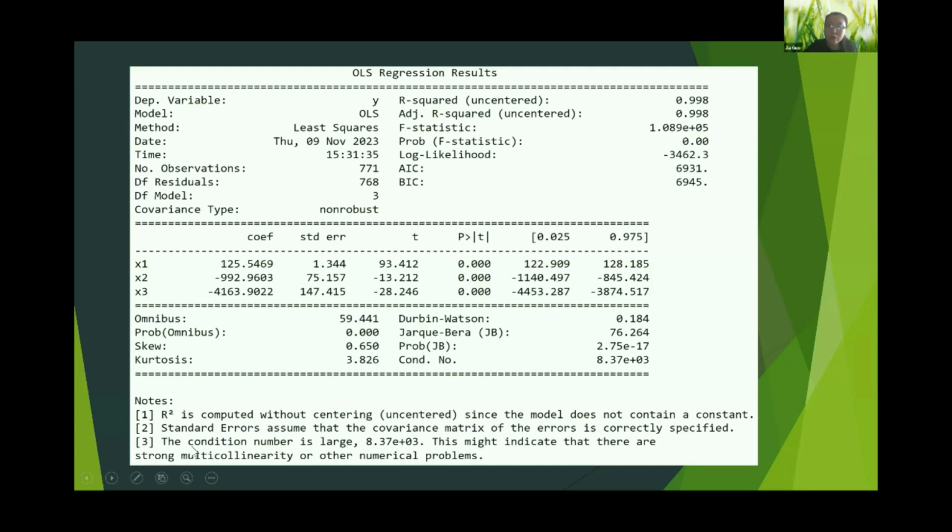We found that the condition number is too large. It is almost 8,000. This might indicate that there is strong multicollinearity or other numerical problems. So we guess there are some problems in the multivariate regression, not because the coefficients are not related, but because maybe a pair of variables or even three of the variables are correlated to each other.